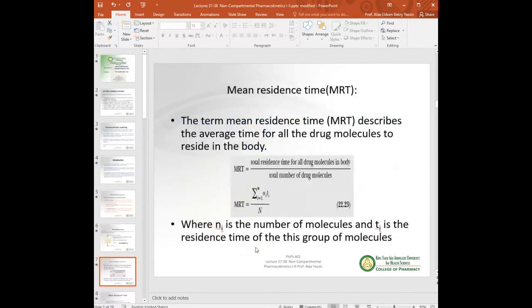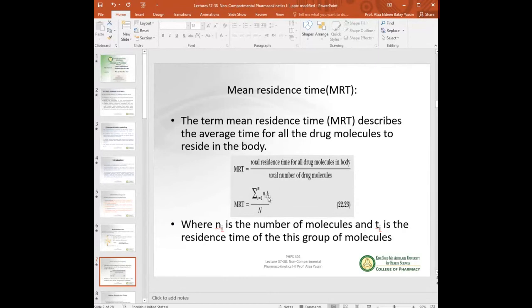So the general formula for a statistical moment for any mean residence time is the summation of the residence time for each group of molecules divided by the total number of drug molecules, as we said.